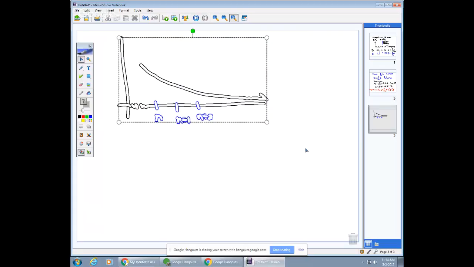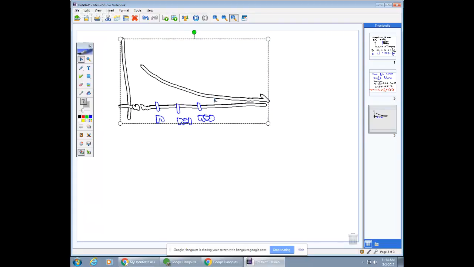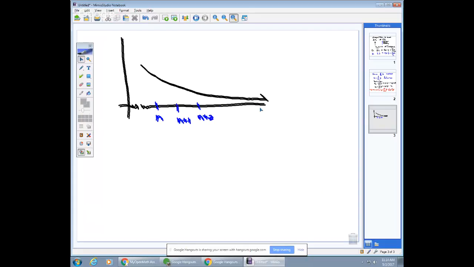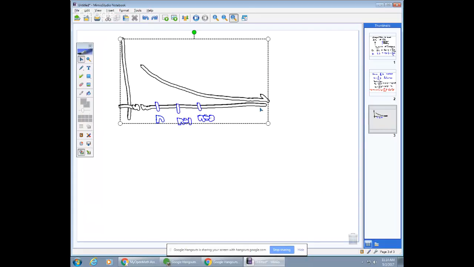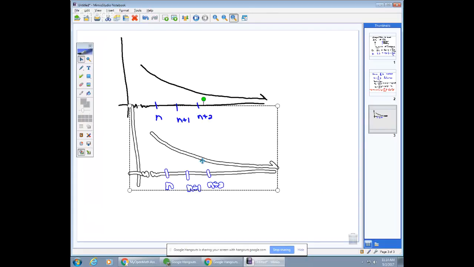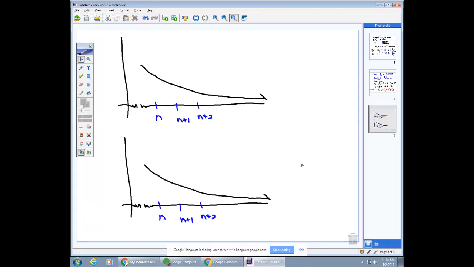And I need a copy of this. Okay, I need 2 of these to show you what we're going to do. So the black curve right here, that would be my f of x version of this thing. My little terms I can look at in a couple of different ways.